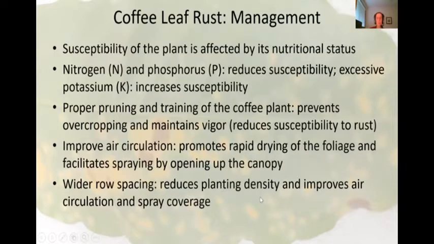Now, because moisture is necessary, pruning and training of the coffee plants, trying to prevent overcropping, and helping maintain vigor will reduce susceptibility to the rust. Anything that can improve air circulation to promote rapid drying, to stop standing moisture on the leaf, is critical for the spores to actually germinate.